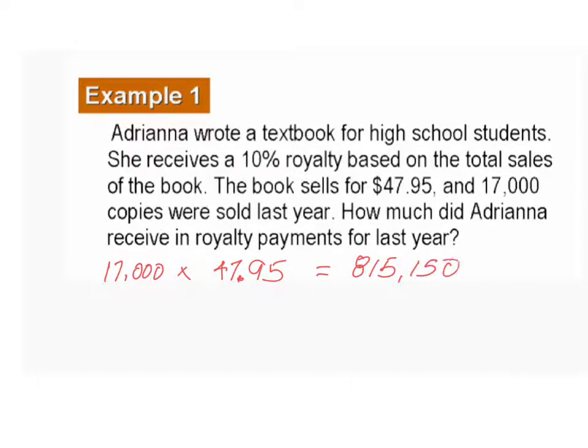Now that we have that number, we take 815,150 and multiply it times 10% expressed as a decimal, 0.10. And we get $81,515. Adriana did okay.